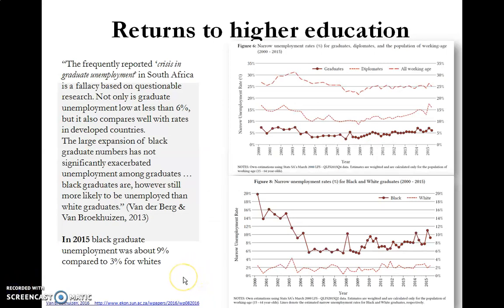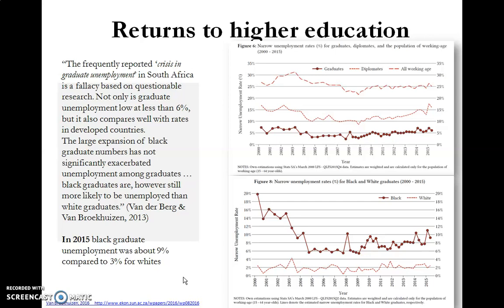So what are the returns to education in the South African context? There's often a reported crisis in graduate unemployment, but this is actually a fallacy, and it's based on questionable research. Van Broekhuizen in 2016 found that not only is graduate unemployment low at less than 6%, but it also compares well with rates in developed countries.